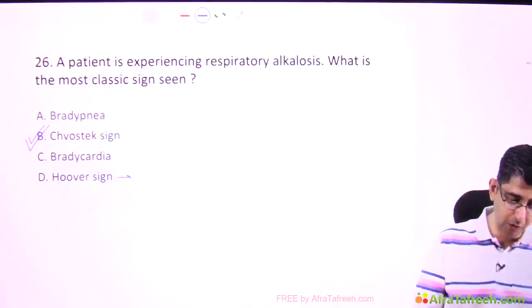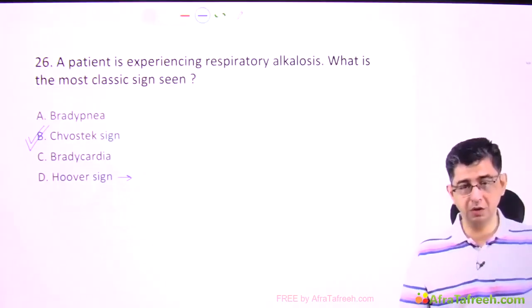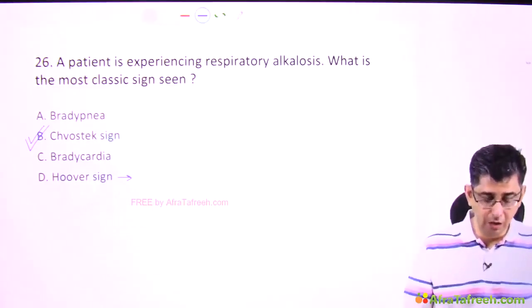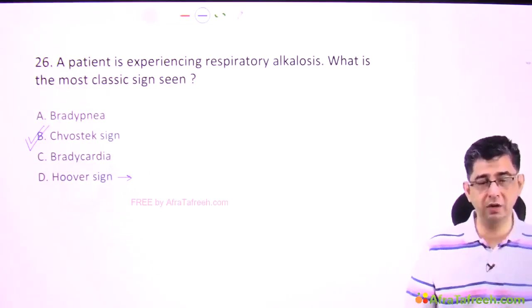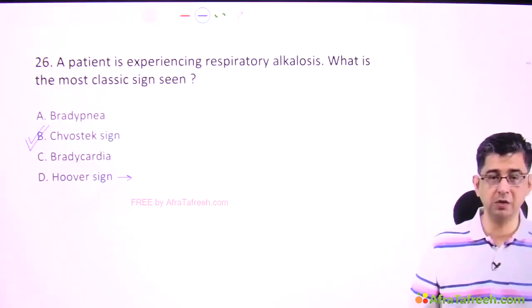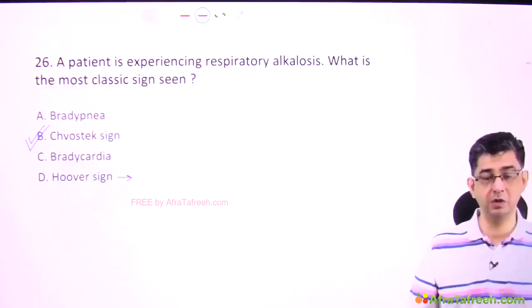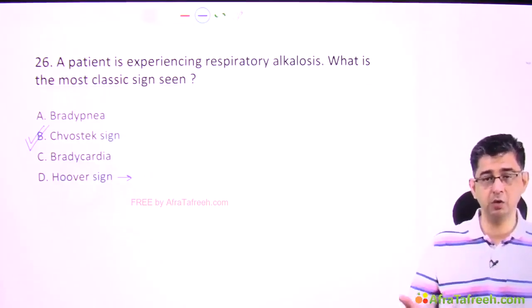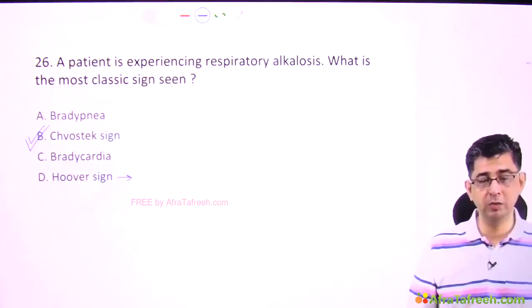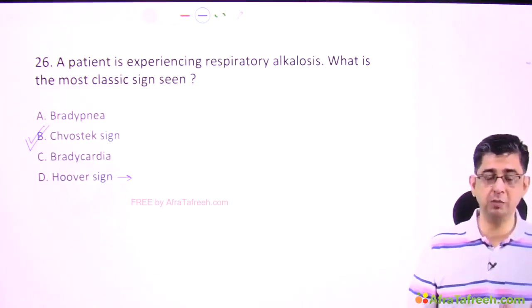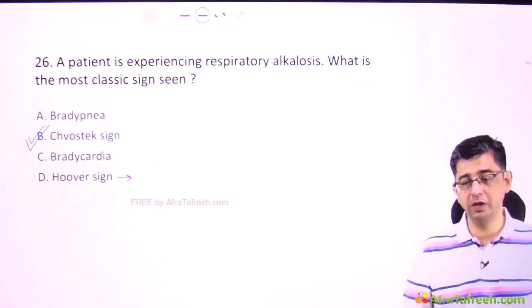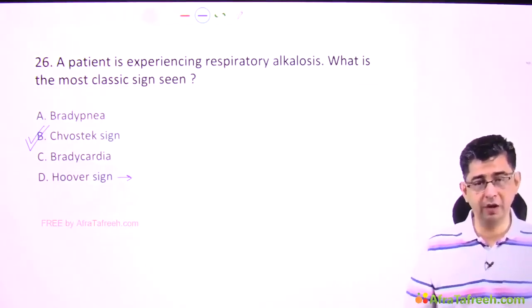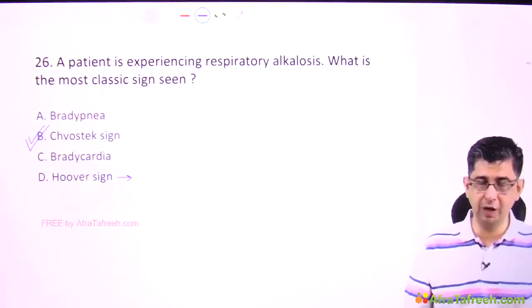Hoover sign is something that you are going to be encountering from a neurological perspective. Here the patient says that he is having leg weakness, and to distinguish this patient from a hysterical patient who is complaining of leg weakness, you will ask the patient to raise one leg and you will be supporting the other leg with your hand. If a person is having a genuine weakness, then when he is raising one leg, he will try to take support with the help of your other hand.